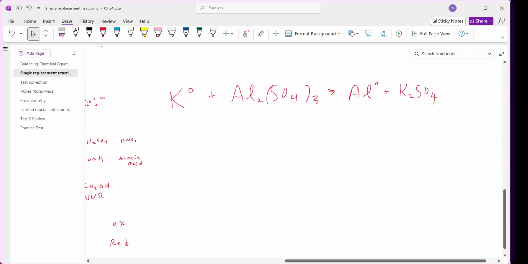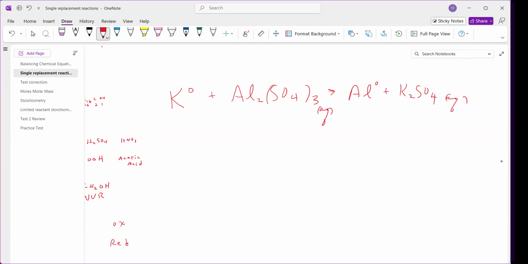We have potassium metal and aluminum sulfate. And aluminum sulfate, salt now, we're going to put an AQ. As soon as the AQ is on there, that means it's dissolved in water. If it's S, it's a solid, not dissolved in water at all, because the crystal lattice force is greater than the solvating force in that water.